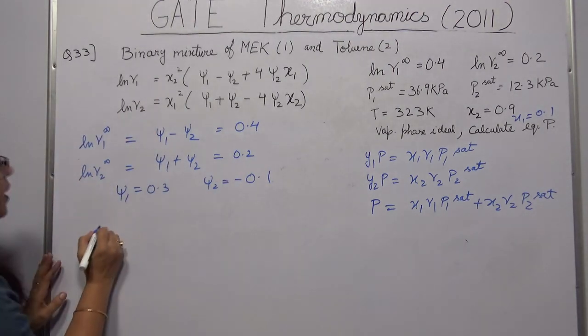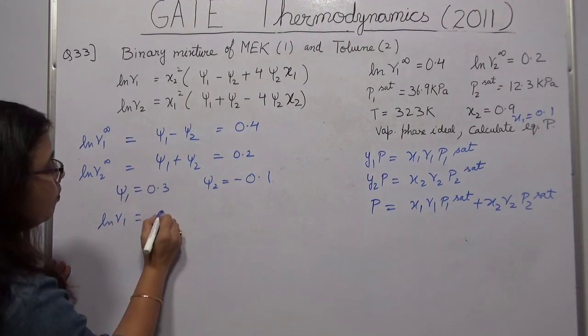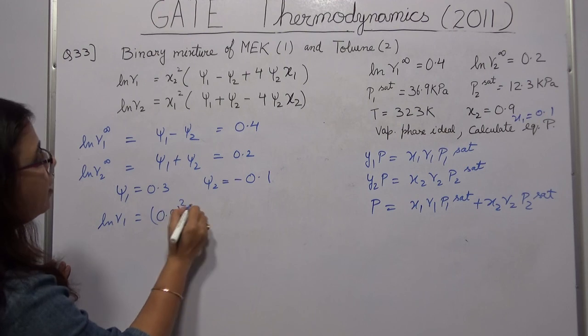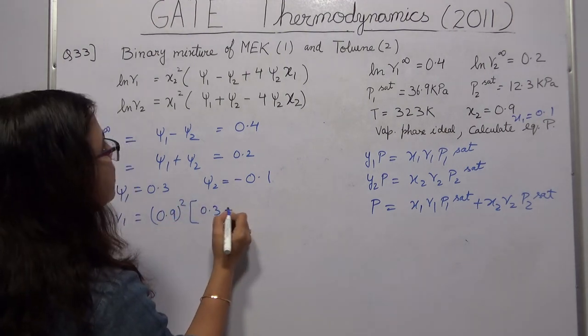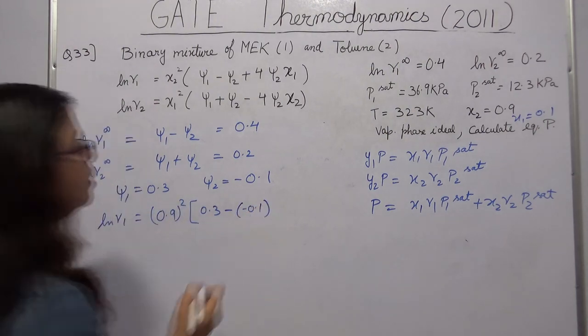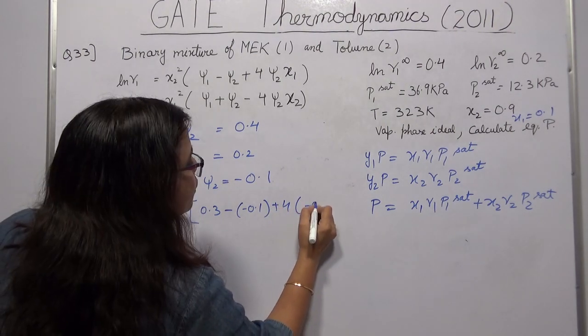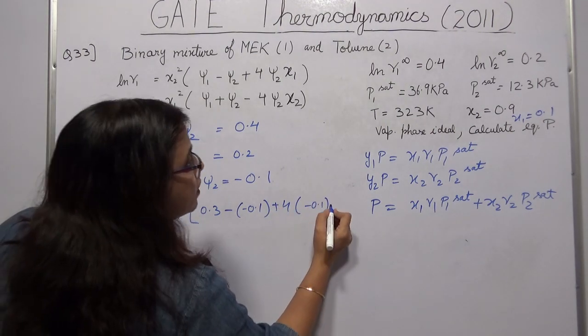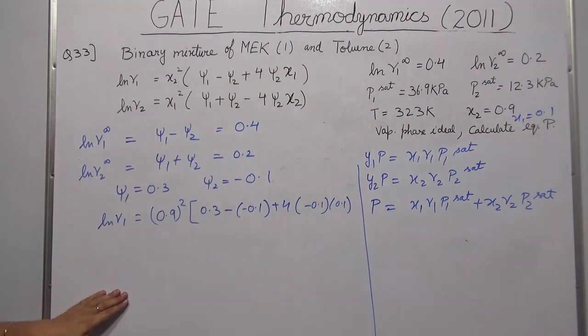Okay, so let's write ln gamma 1, that is equal to x2, 0.9 square, psi 1 is 0.3 minus psi 2, psi 2 is minus 0.1, okay, plus 4 times psi 2 times x1, which is 0.1. Okay, so this is your equation.